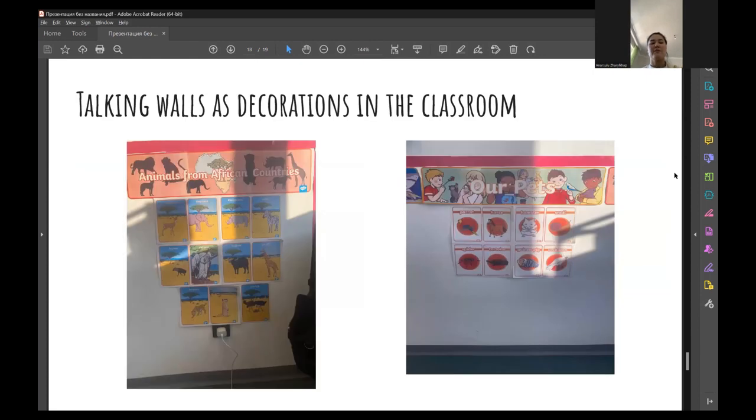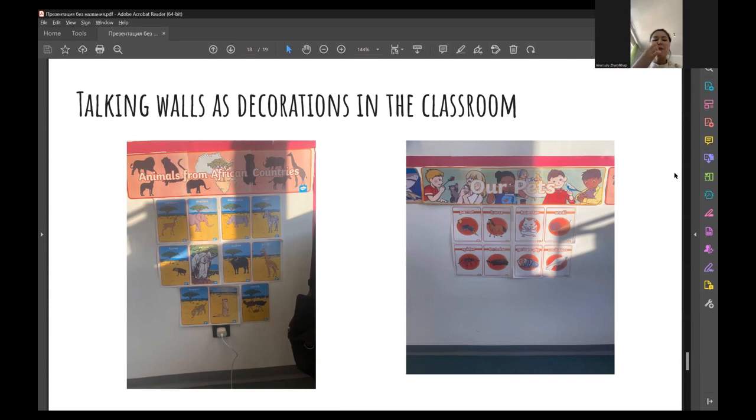Next one. Also, talking walls as decorations in the classroom. I know that I cannot cover most of the materials I show on the walls, but it's a great tool to deepen this unit. During break times and free times, when they don't know what to do, they will just go to the walls and start exploring the animals.